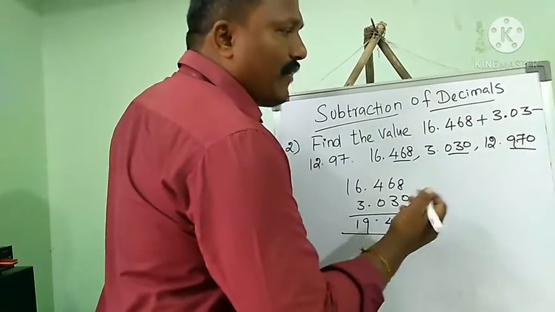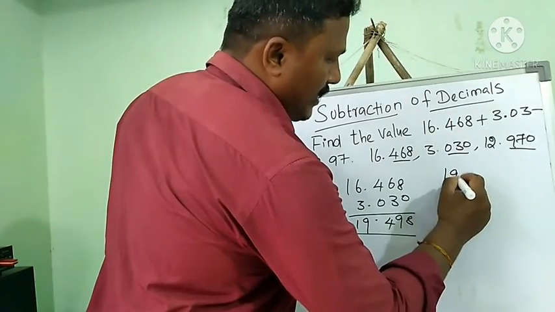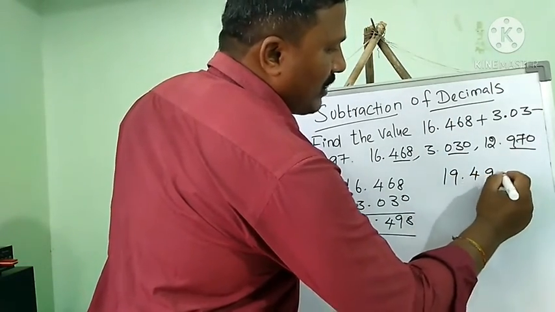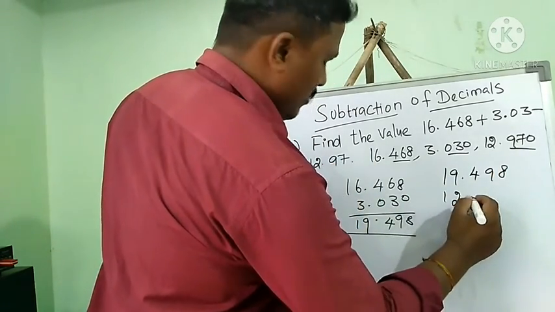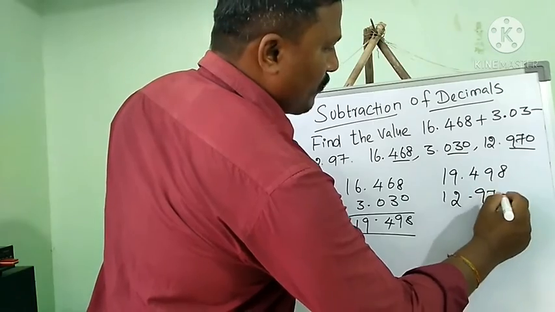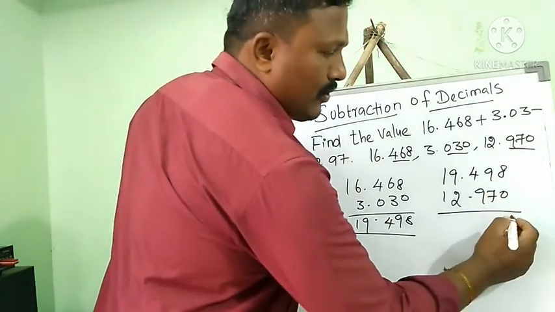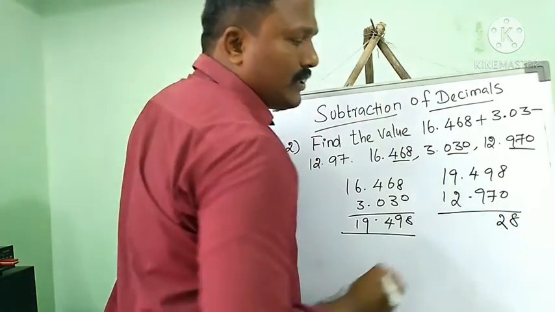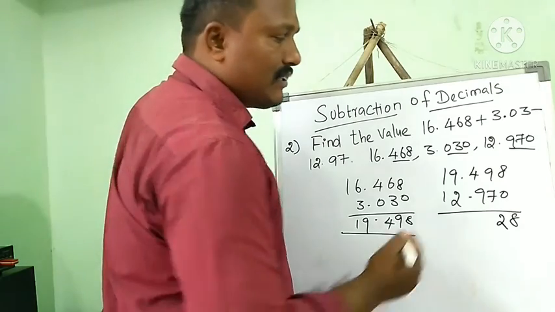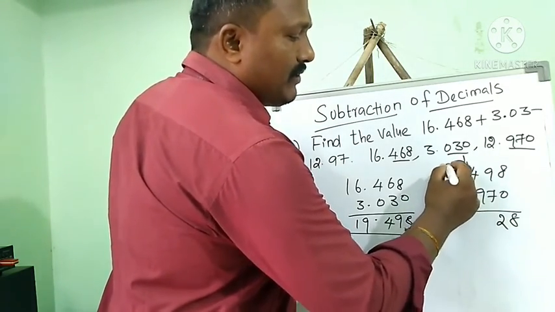19.498. Now I will subtract from this number. So what I will do, 19.498 I will subtract 12.970. So if you subtract, 8 minus 0, so 8, 9 minus 7, you will get 2, then 4 minus 9 we can't subtract, so I will borrow from the 1 here, so 14, here becomes 8.